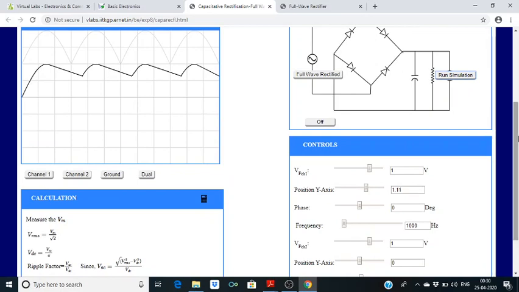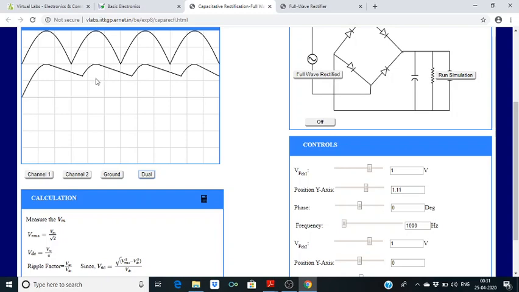By pressing dual we will be able to see both the rectified input and the filtered output. So you can calculate VRPP, which will be this difference. Then VRRMS you can calculate by the formula VRPP divided by 2 root 3.